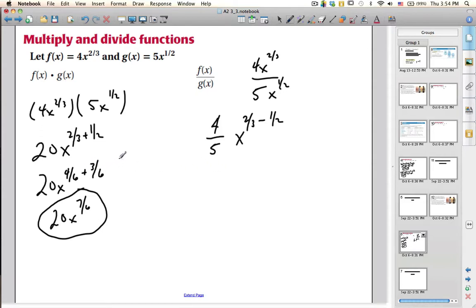There's still going to be 4/6 and 3/6, but 4/6 minus 3/6 is going to give me 1/6.